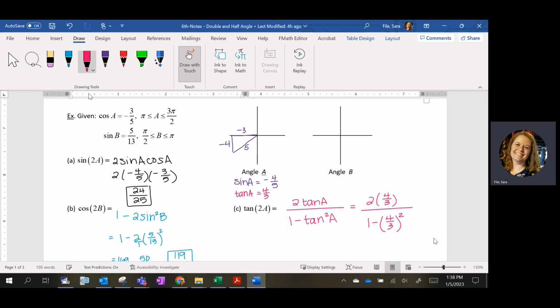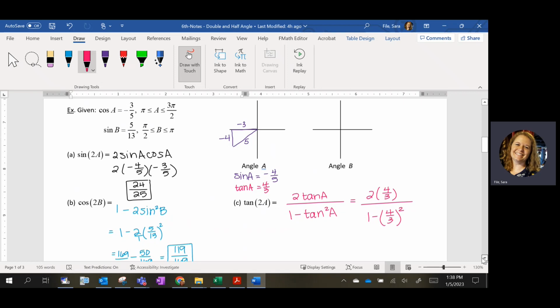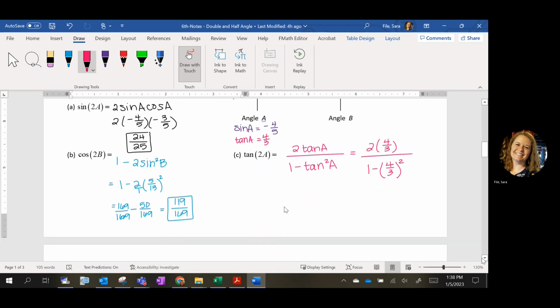Okay, and that 4/3 is squared when we're in the denominator there. All right, so that's going to be 8/3 in the numerator. Squaring the numerator and denominator, so that'll be 16/9. So I'm going to do 9/9 minus 16/9. I'm going to change the 1, so I have a common denominator.